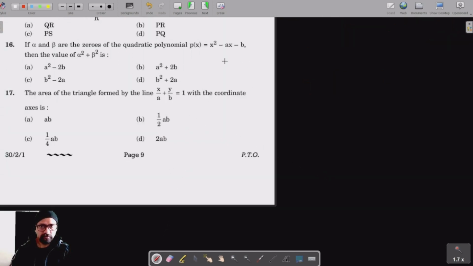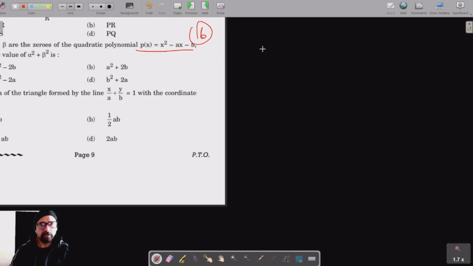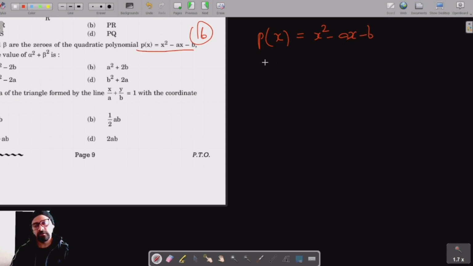For question number 16, it's given that alpha and beta are the zeros of the quadratic polynomial, and our quadratic polynomial is p of x is equal to x squared minus ax minus b. So the coefficient of x squared, let's say it's a1, is 1, and b1 is negative a and c1 is, let's say, negative b.